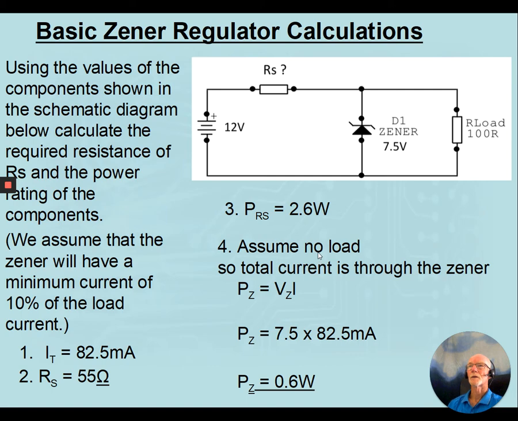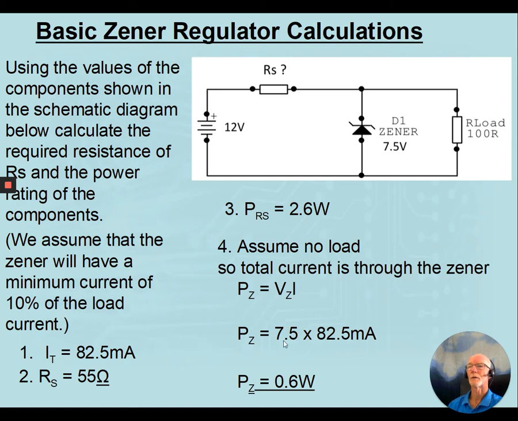Now, what's the worst thing that could happen to the Zener? The worst thing that could happen to the Zener is that the load gets disconnected and all the current has to go through the Zener. In that case, we're going to use this calculation: the power dissipation of the Zener in the worst case would be its voltage, 7.5 volts, multiplied by the entire current.